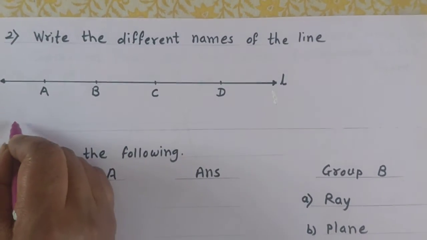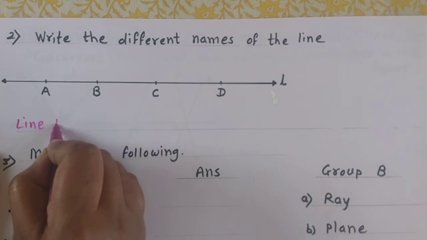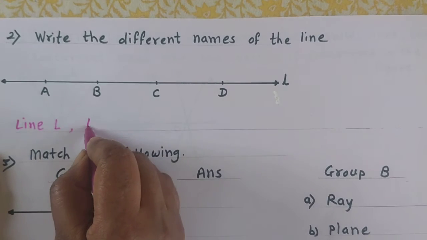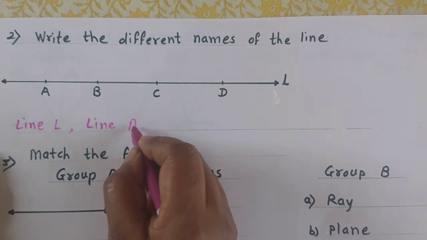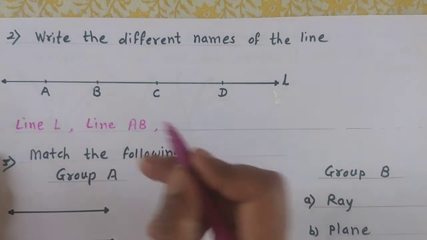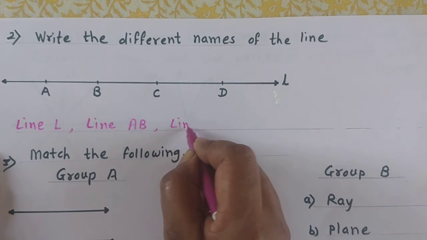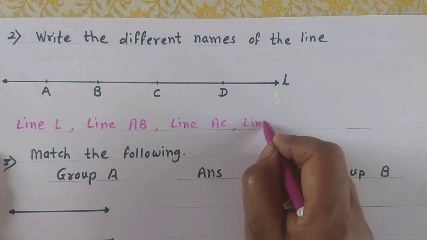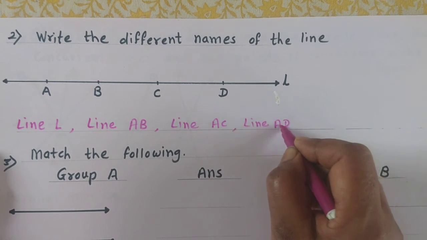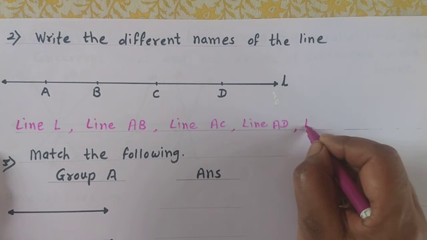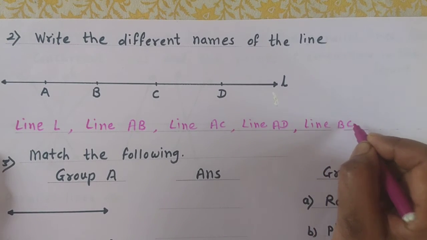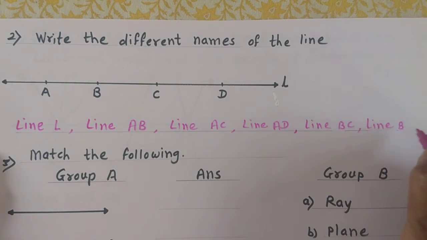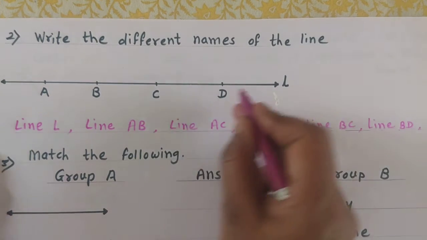Line L, line AB, line AC, line AD, line BC, line BD, and line CD.